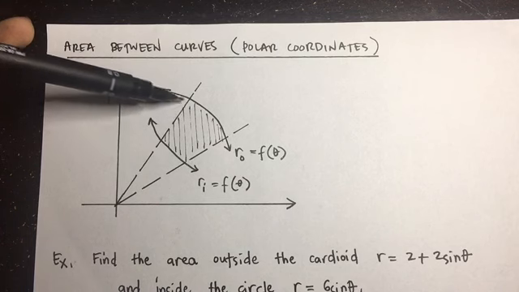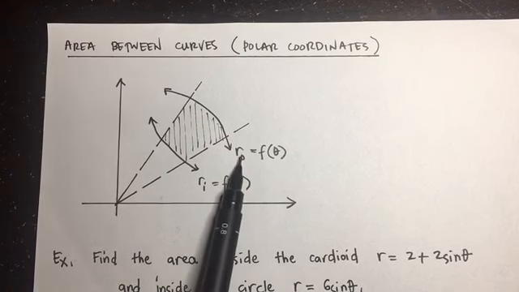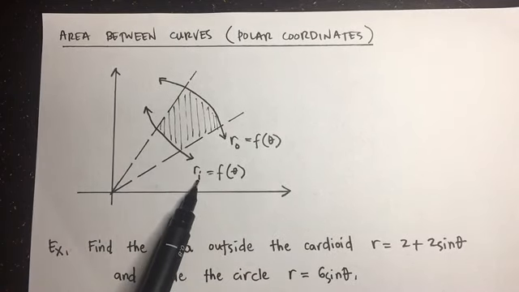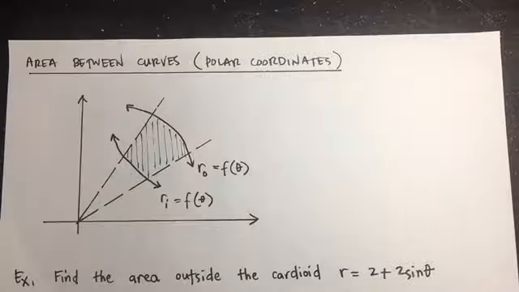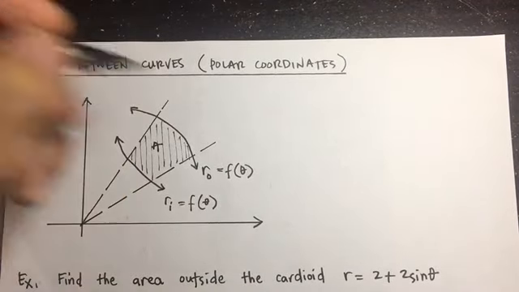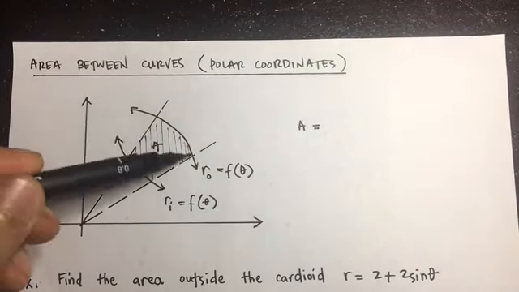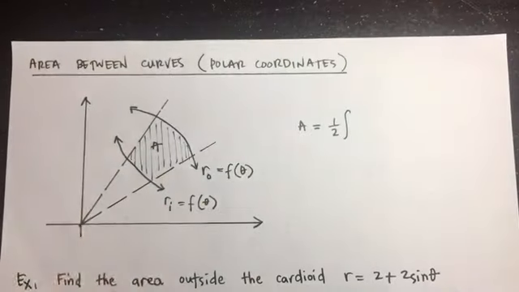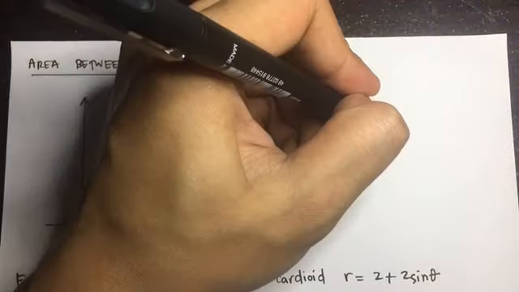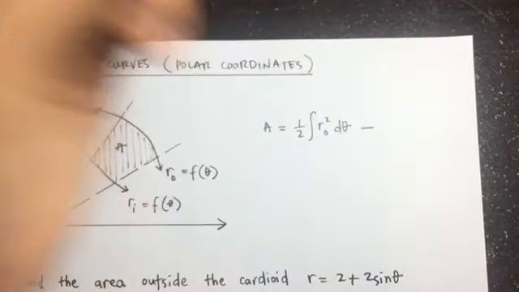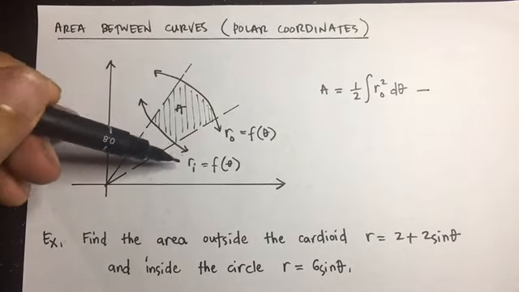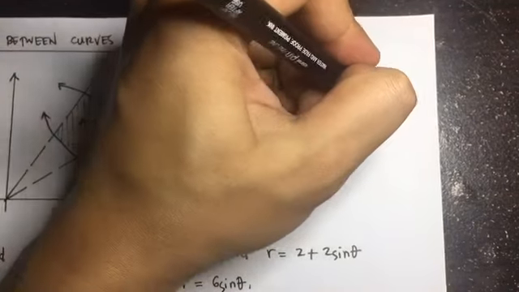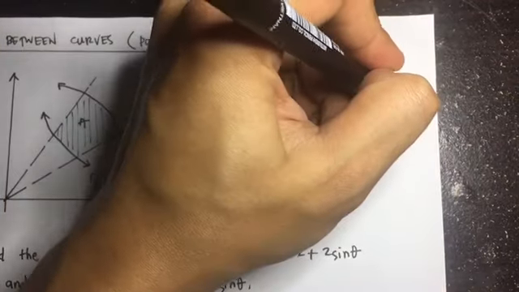The curve above is defined by Ro, the outside radius, and this one is described by the inside radius, Ri. So this area is equal to the area bounded by the outer curve, that would be 1/2 integral of Ro squared d theta, and then subtract the area bounded by the lower curve, Ri, which is 1/2 integral of Ri squared d theta.